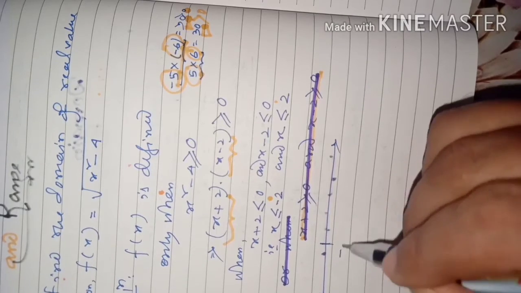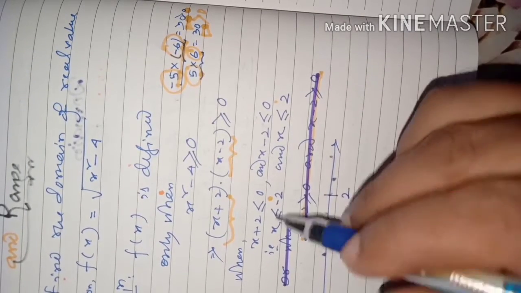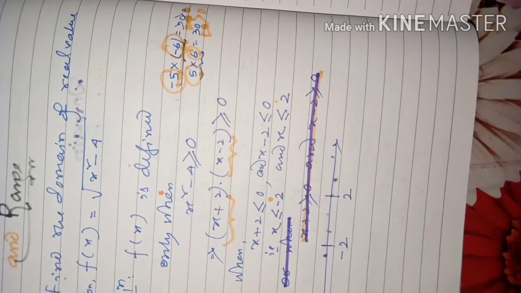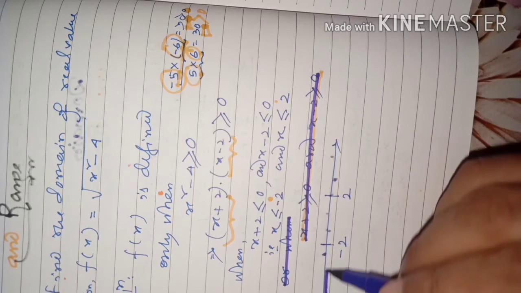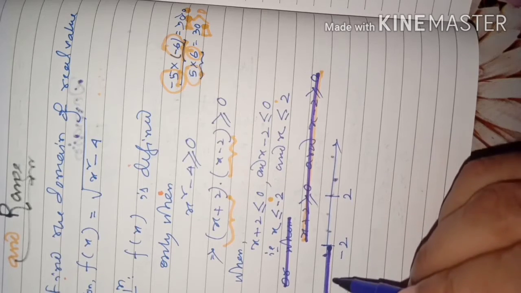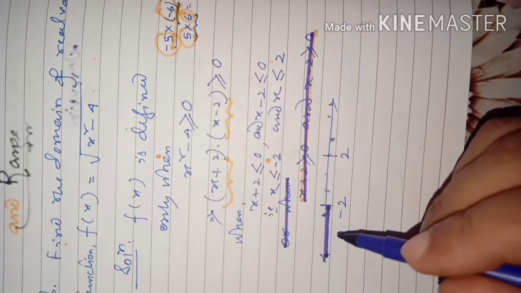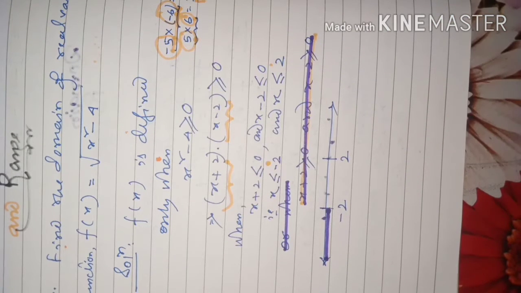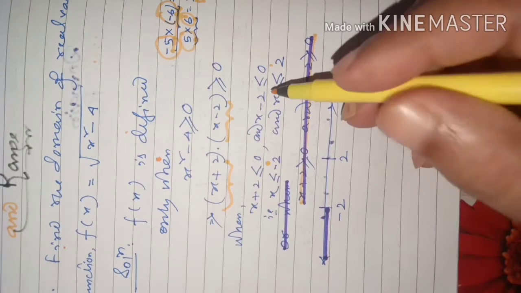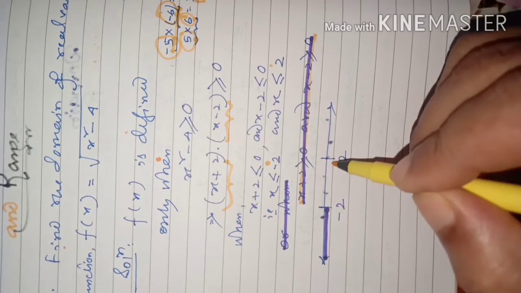Suppose minus 2 is here and plus 2 is here. When you say x less than or equal to minus 2, which portion do we understand? x less than minus 2 means the left hand side part of minus 2. When we say x less than or equal to plus 2, then we understand the left hand side of plus 2.